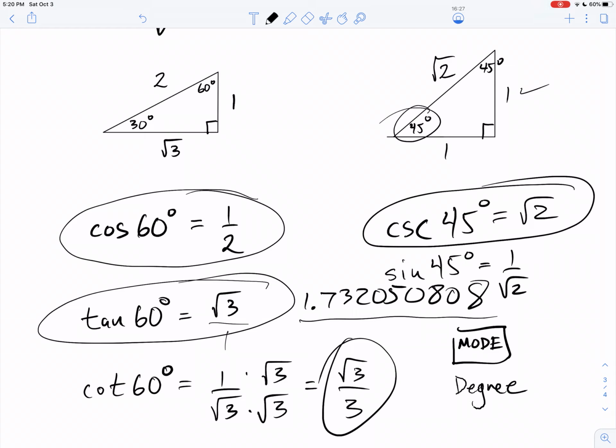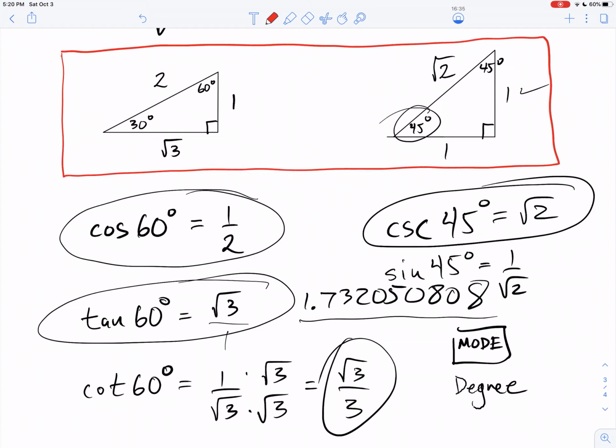I'm going to go up there. But before I do, I want to make sure I box this off. When we are evaluating trig functions that contain 30-degree angles, 60-degree angles, or 45-degree angles, we use these two reference triangles.